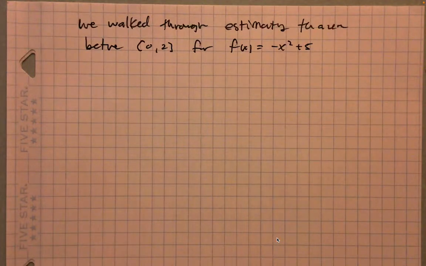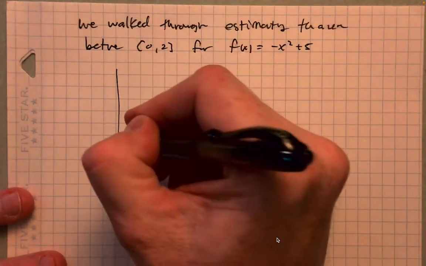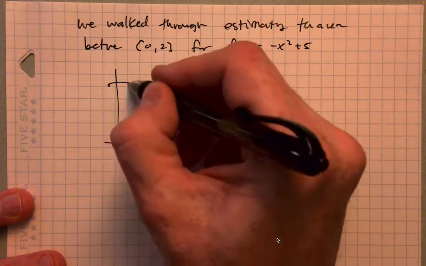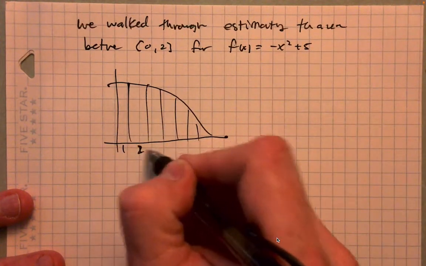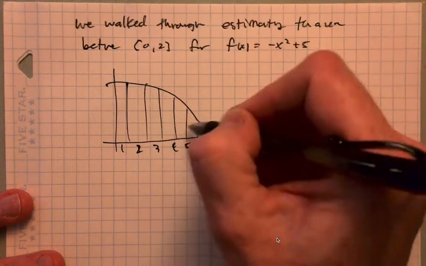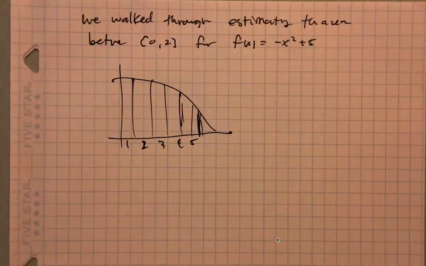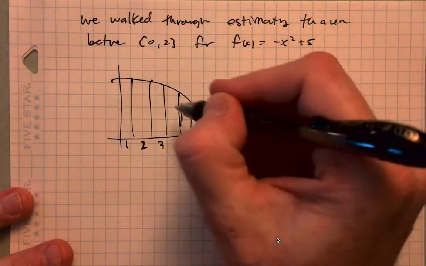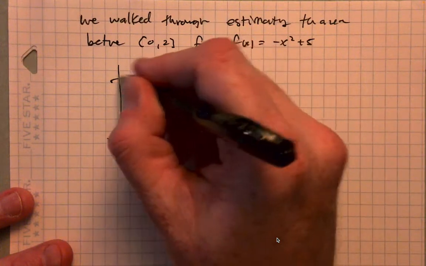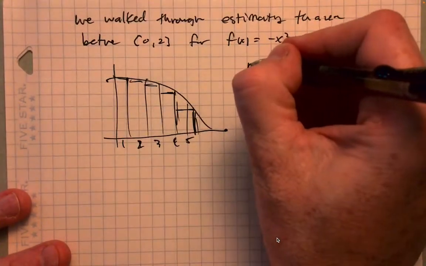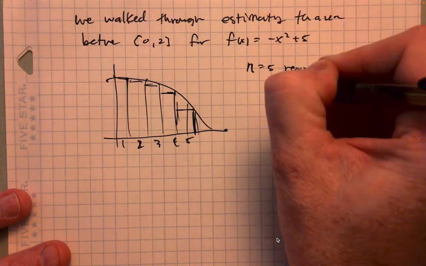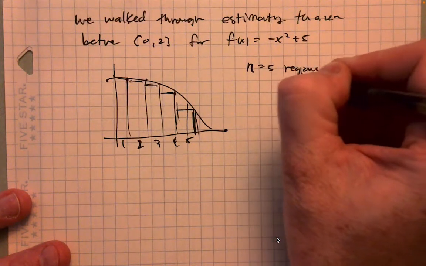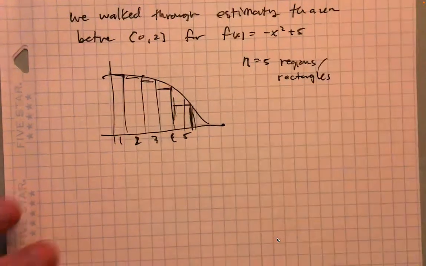We started with the curve and broke it into 1, 2, 3, 4, 5 regions, and we used the rectangle method of exhaustion with only n equals 5 rectangles.